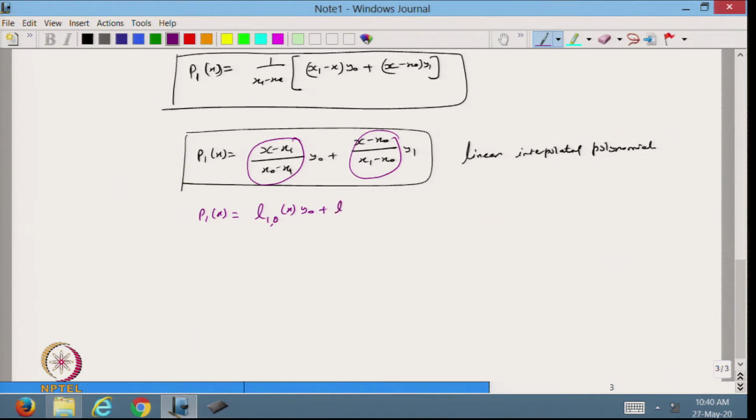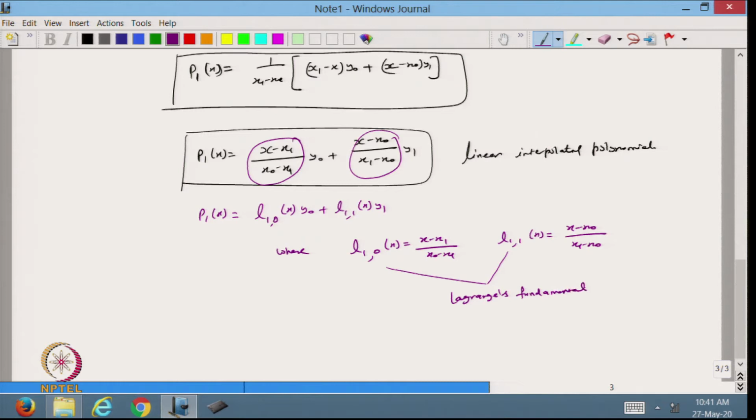L1,0(x) is this expression (x minus x1) divided by (x0 minus x1), and L1,1(x) is equal to (x minus x0) divided by (x1 minus x0). So, these two factors are called Lagrange's fundamental polynomials.